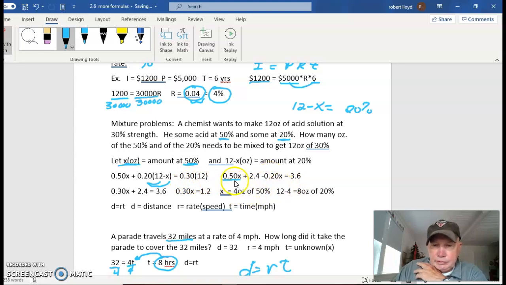Okay, now we have these two that we can combine. So those two combined give us 0.30x plus our 2.4 equals our 3.6. Now we undo the addition.